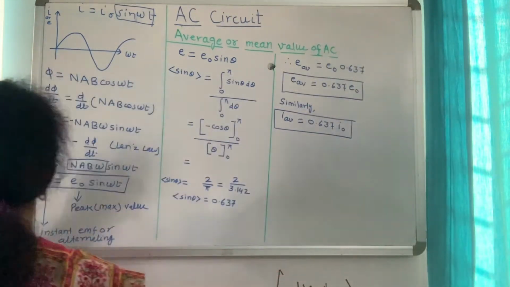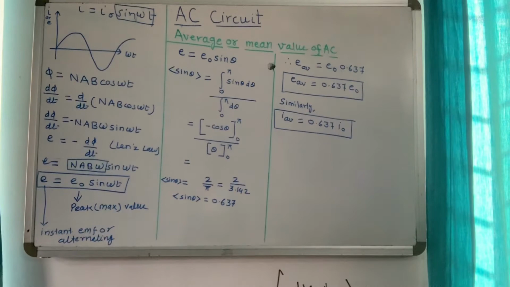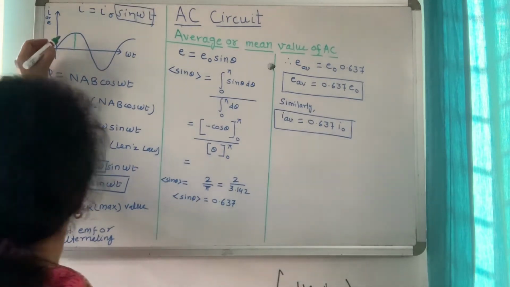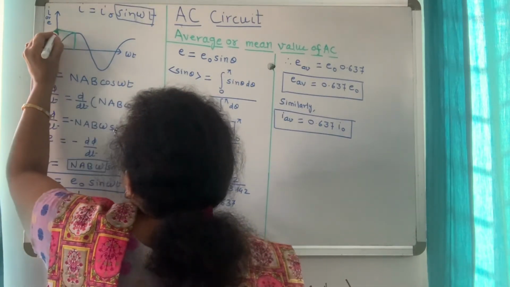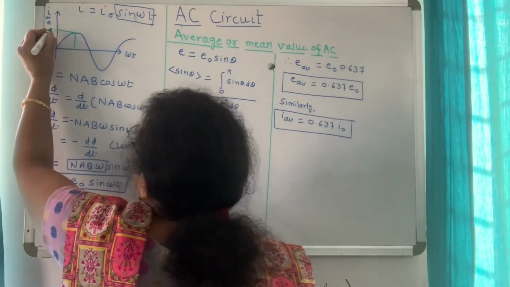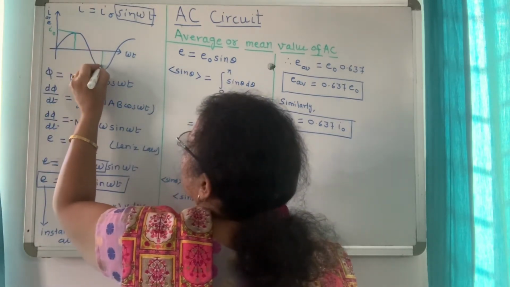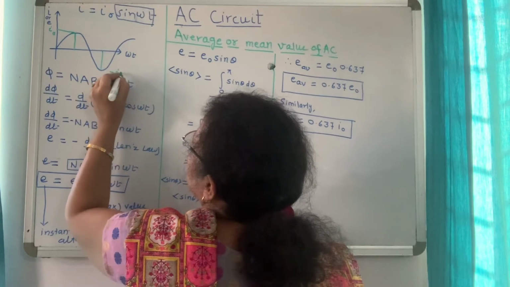So what is the maximum value here? You can show it by diagram. This is the peak value of EMF or current. If this graph is for current, this is I0 and this is the value in the opposite direction, -I0.